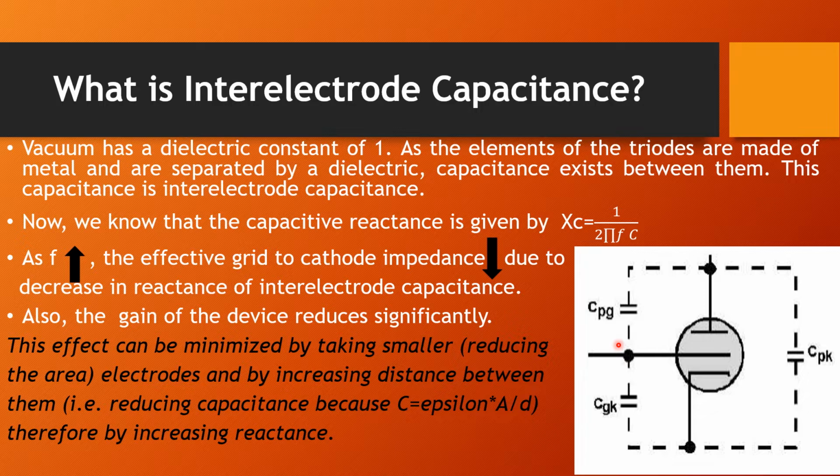For example, this is the gate, this is the cathode K, and this is the anode. So these 3 types of capacitances are shown here, like gate to cathode capacitance. Such capacitance has a capacitive reactance which is inversely proportional to frequency, with this formula.